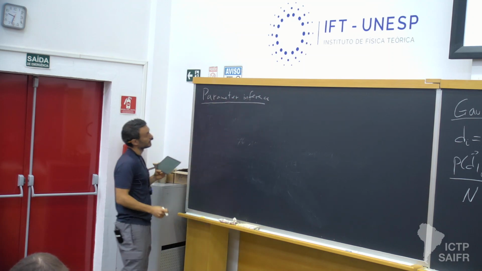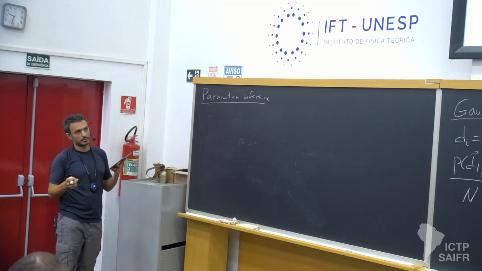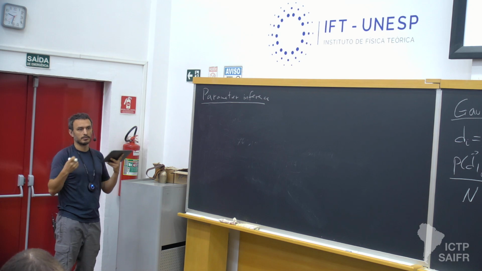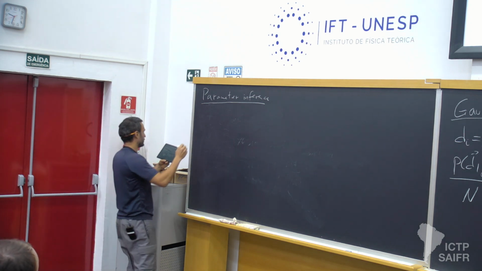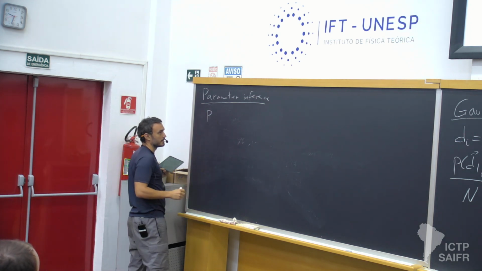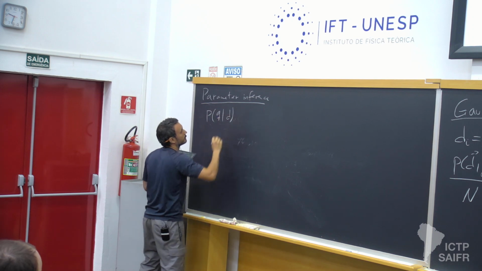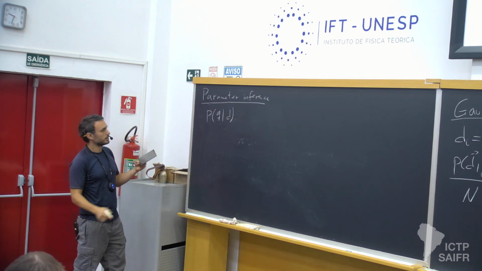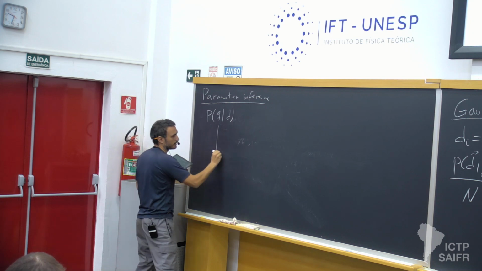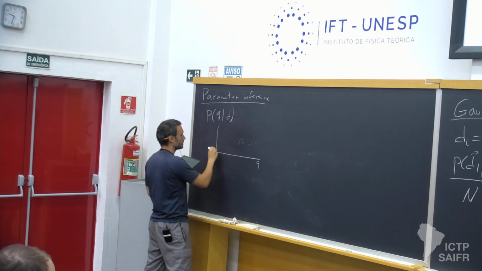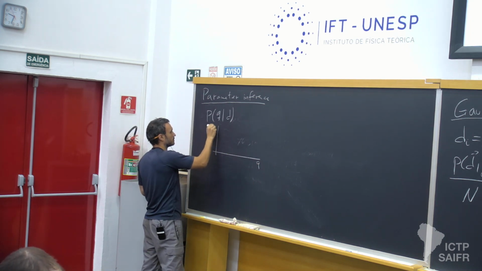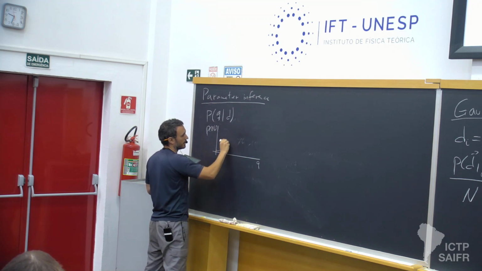Let's imagine that we're in a very simple case. Our model has a single parameter Q, and we have a function that we have written in Python that tells us what the probability of Q is given the data. Well, then what you do is you just evaluate this function for several values of Q. It will probably look something like that.